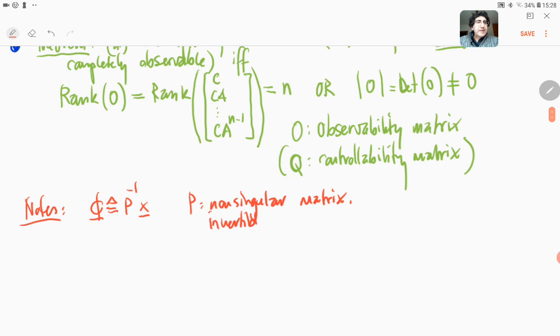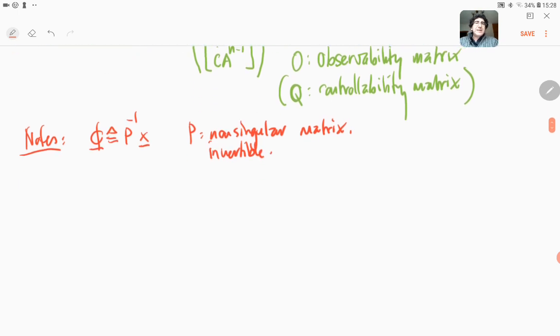Now I want to state two notes. The first note, one related with this fact: remember that such a transformation did not change the transfer function. We have proven that even if we change the definition of the states, as long as they are related with such a transformation, the transfer function remained the same.